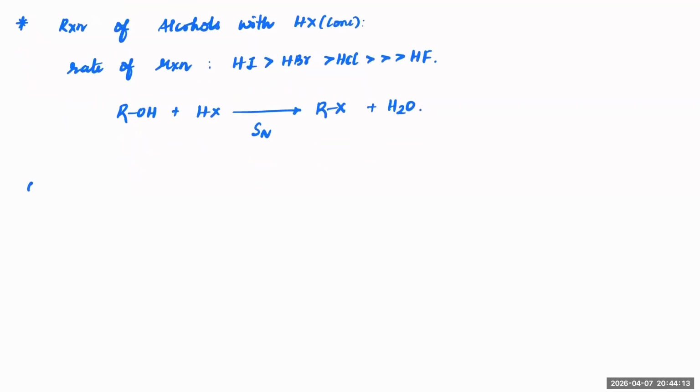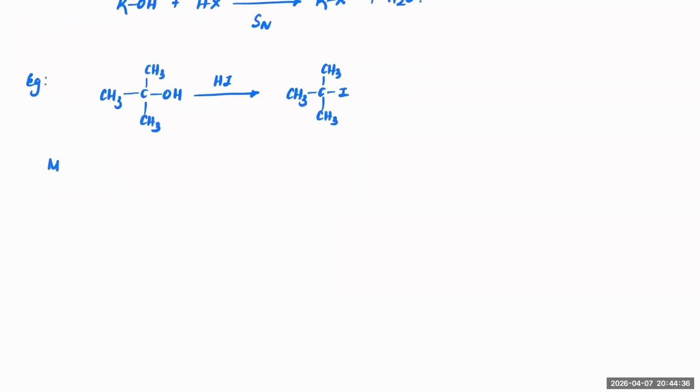Now, look into this example. If we have a tertiary alcohol like this and you are treating that with HI, you will get CH3, C, CH3, CH3 and I. The mechanism is simple.